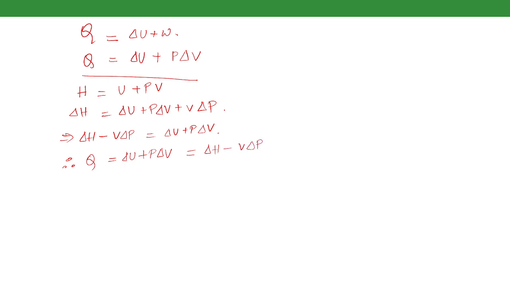Is there any doubt? Excuse me, sir, when we are writing on this slide, suppose Q is equal to delta U plus W. Here W is only the displacement work we are talking about? Yes, for the simplification of the expression, we have considered only displacement work. If we consider other forms of work, another term will come here.